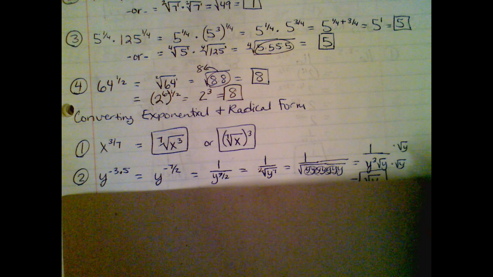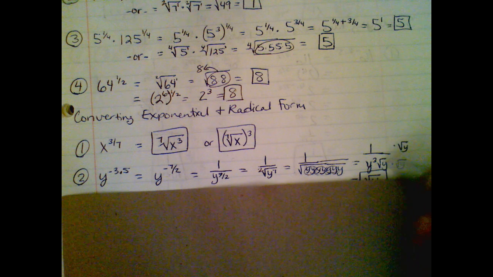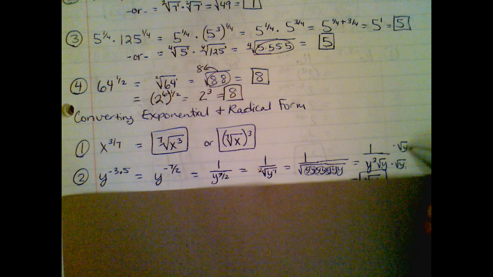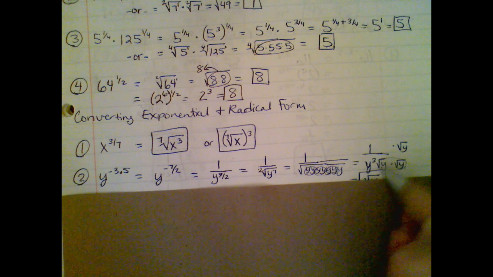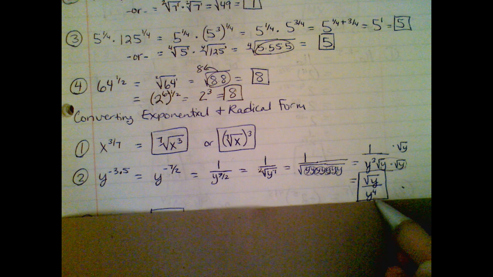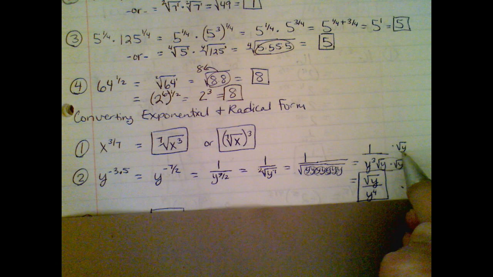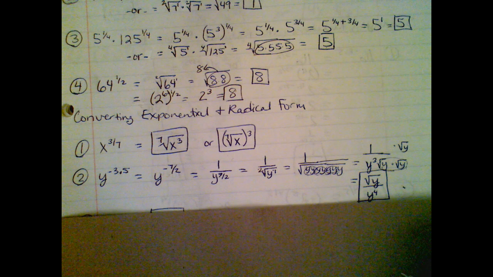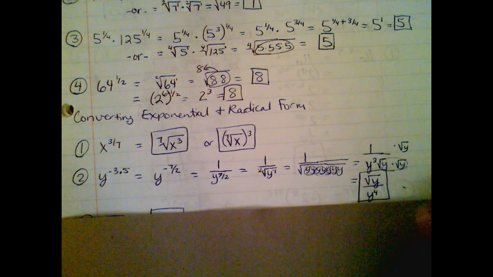So we're going to multiply top and bottom by 1 more y, so we can have a pair here. If we multiply it by square root of y on bottom, we have to do that on top. So now we have another pair of y's, so we bring out another y, so we have y to the 4th in the denominator, then 1 times square root of y is just 1 square root of y. We can't simplify that any further, so that would be our final answer.